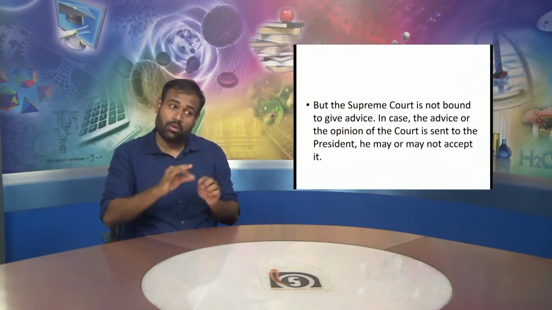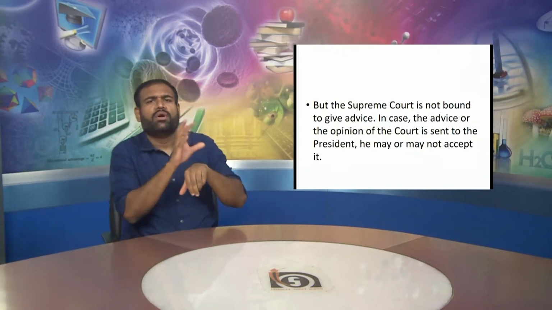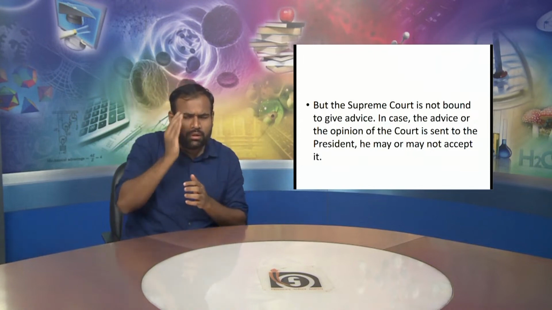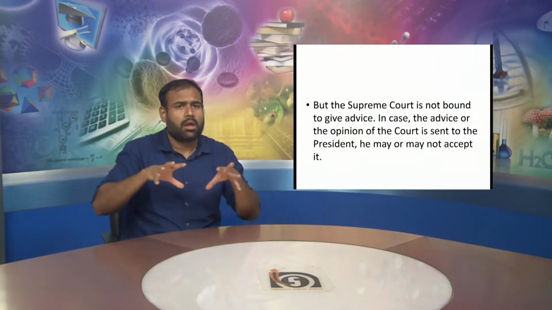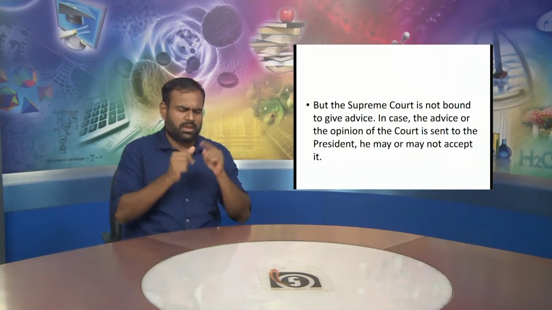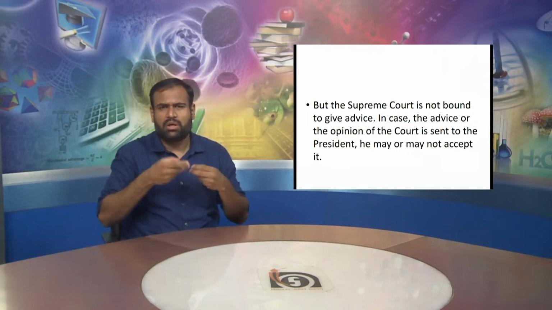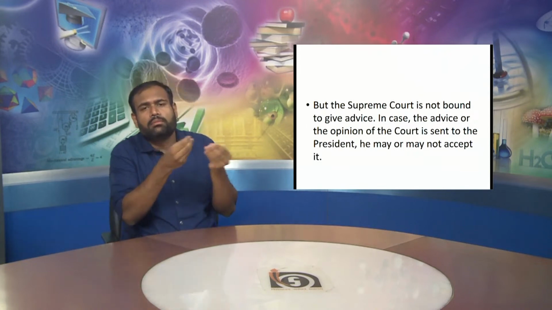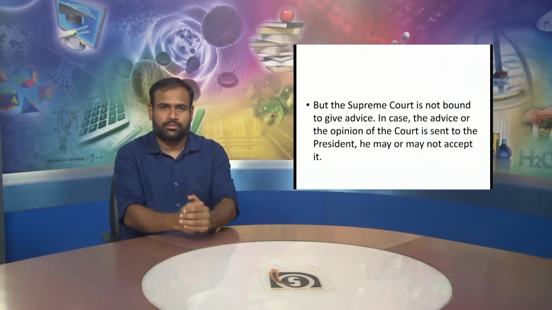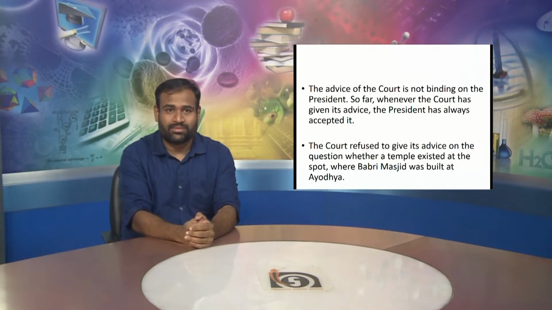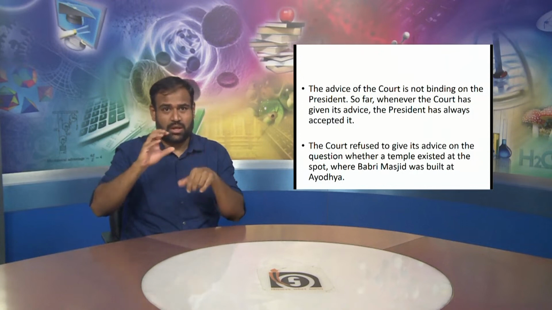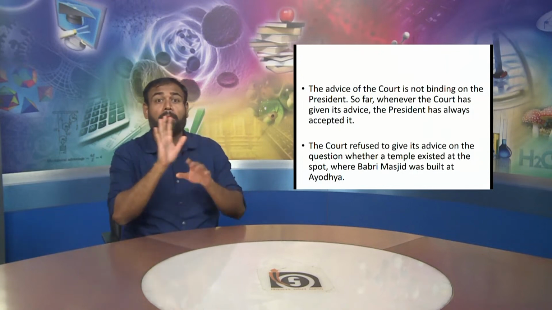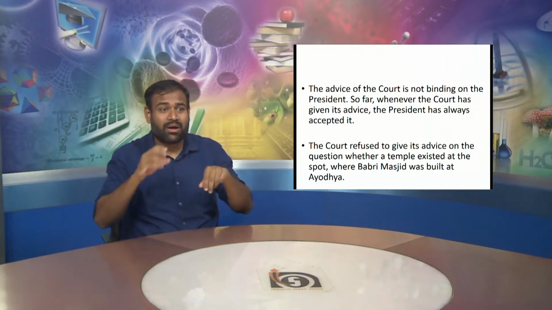In case the advice or the opinion of the court is sent to the President, he may or may not accept it. The advice of the court is not binding on the President.